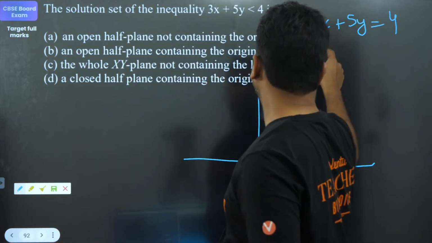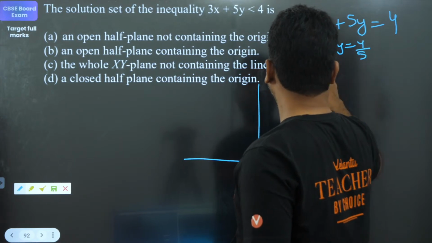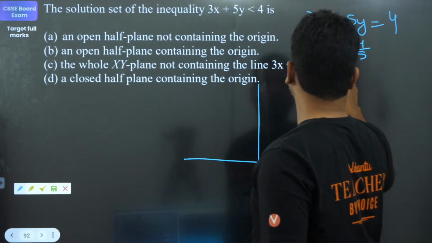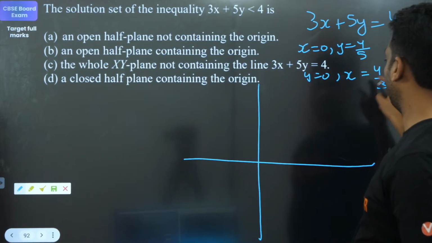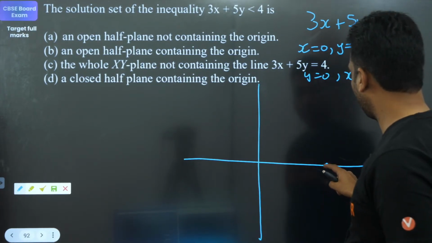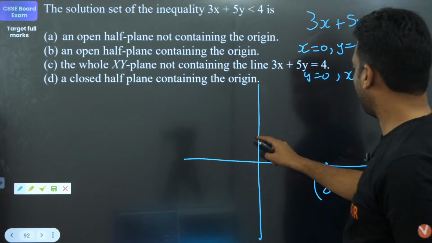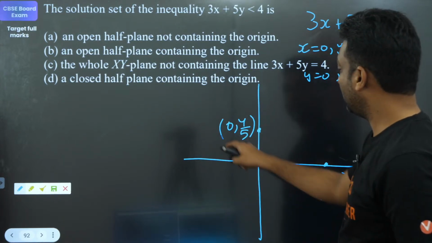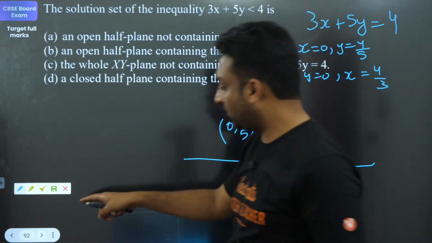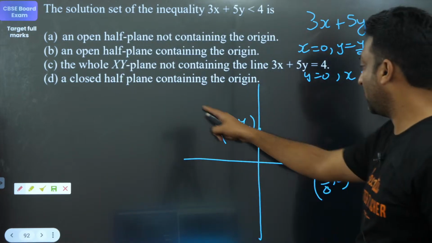When x is 0, y is 4 by 5. When y is 0, x is 4 by 3. These are the two points through which the line passes. Hence, the line should be something like this.